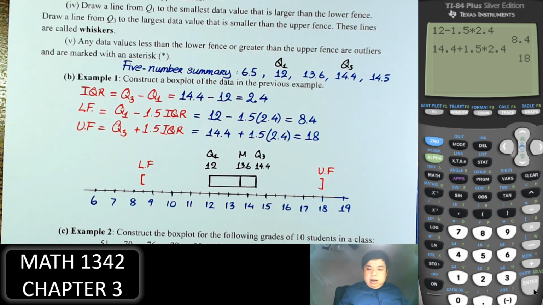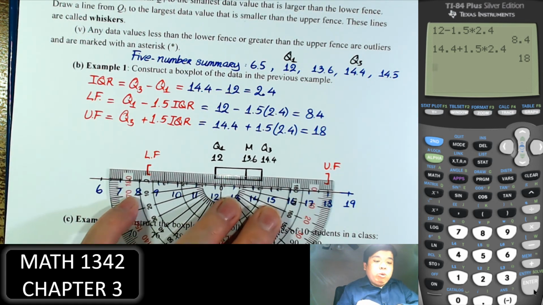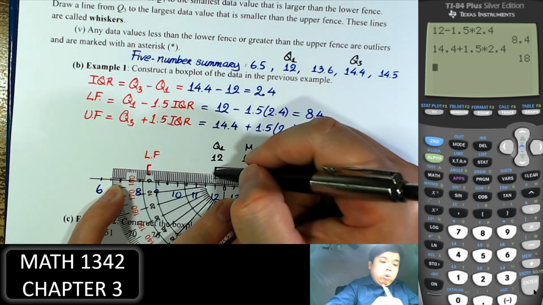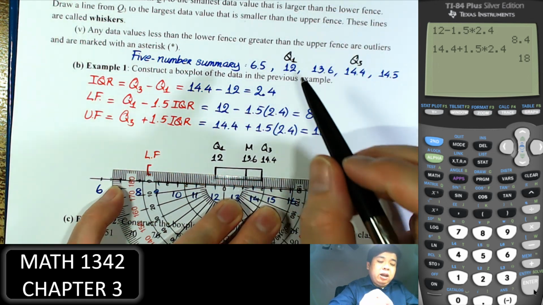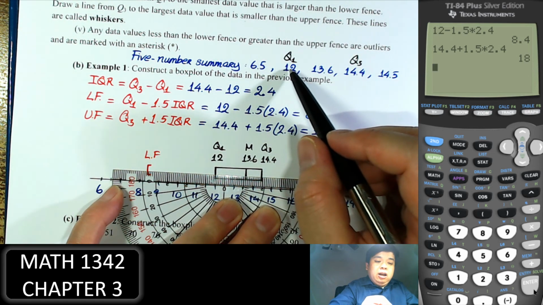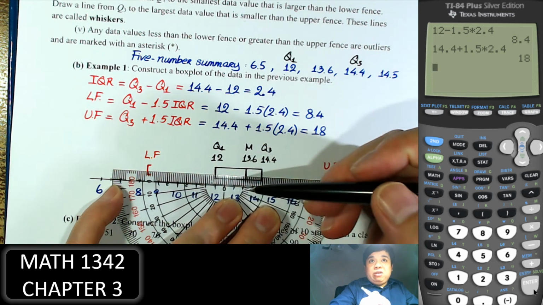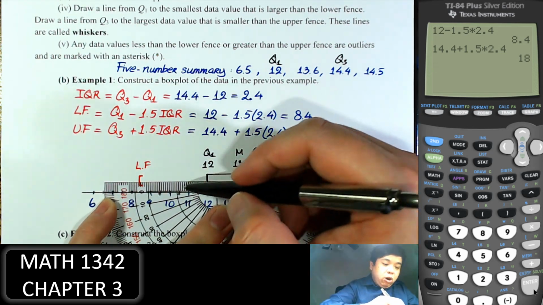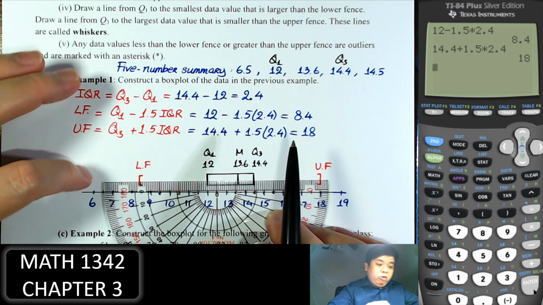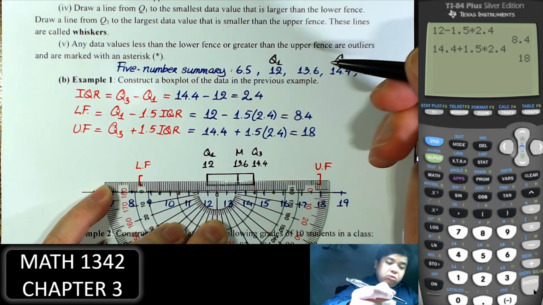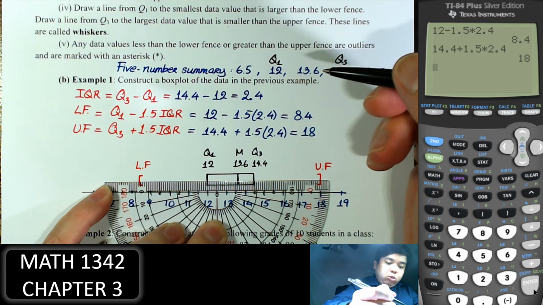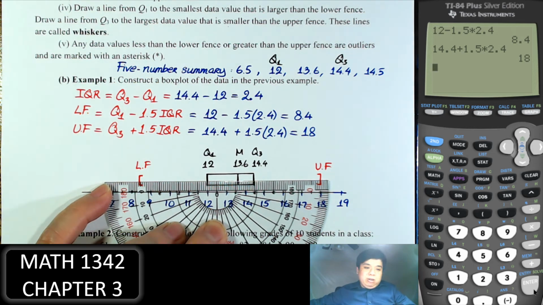Now whatever we draw will go from Q1 to the smallest number within the fences. Of course, we're not going to draw to 6.5. 6.5 is out here. The next one is, oh, I have to look at the data.